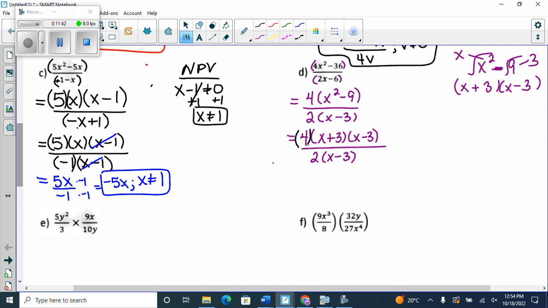Now these can be in their own bracket. So I have a 2 in a bracket, which doesn't cause me a problem, and then I have an x. So I'm going to have one NPV because there's one bracket with a variable in it. So my NPV is x minus 3 can't equal 0. Add the 3 over, so I get x can't equal 3.